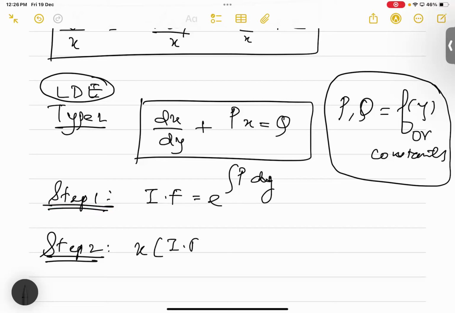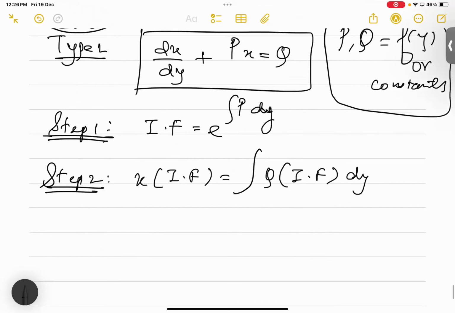X into IF equals integration of Q into IF, dy. This will give you the general solution. Now, sometimes identification of LDE type 2 becomes a challenge. So understand each and every step, whatever comments I'm giving you, that will be helpful for you. Okay.